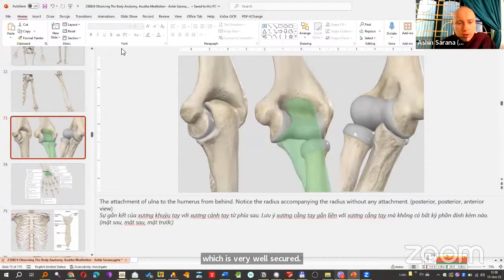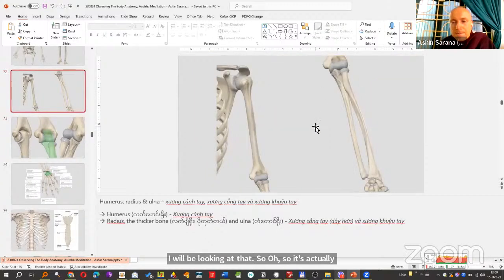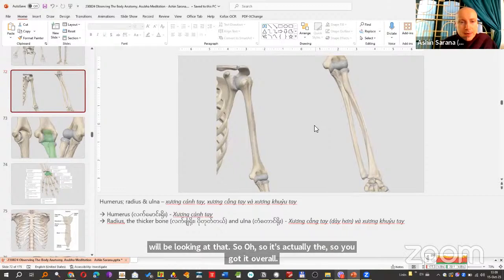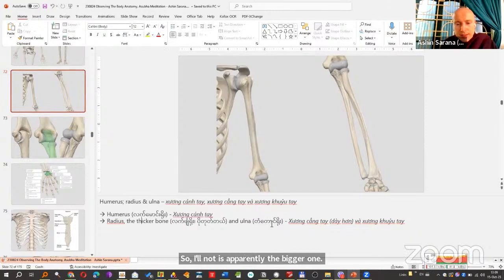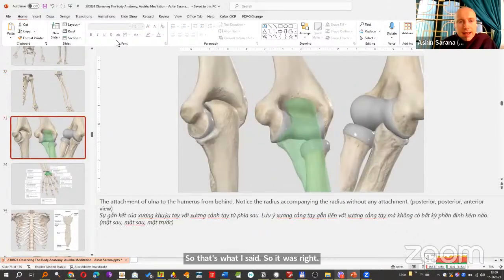So it's actually the ulna. So I got it all wrong. So ulna is apparently the bigger one, radius is the thicker one, and ulna is the thinner one. So that's what I said. So it was right. But that which is very interestingly attached to the humerus is not radius, it is actually the ulna.